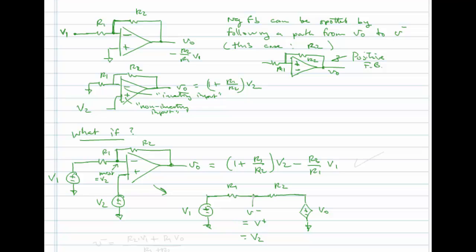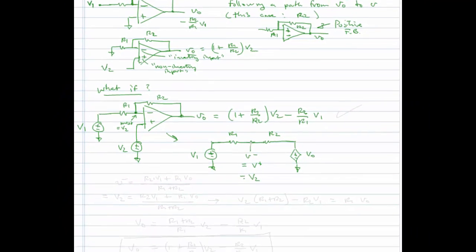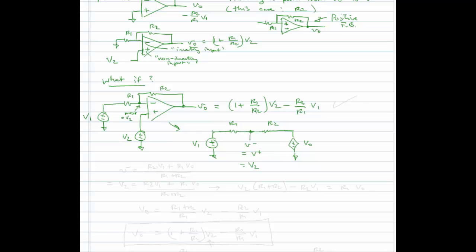What I'm trying to show you is this superposition analysis that we just did for the inverting op-amp will be almost the same here, but this is a different topology. And hopefully it drives home the point of how useful and simple it is to solve op-amp circuits if you use this type of technique. So what am I going to do?